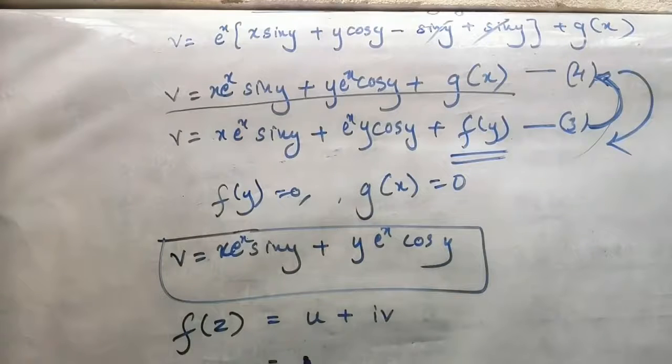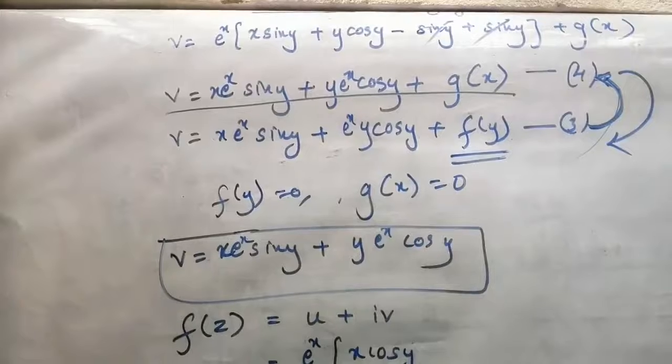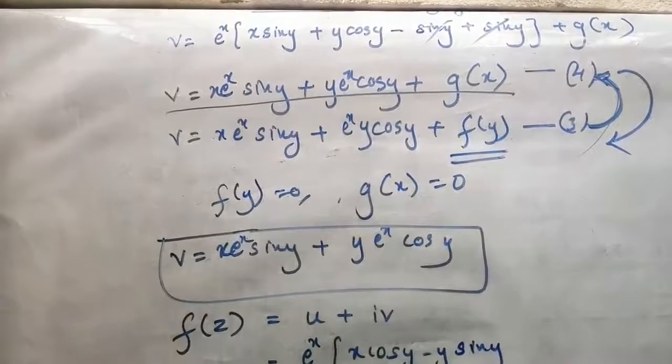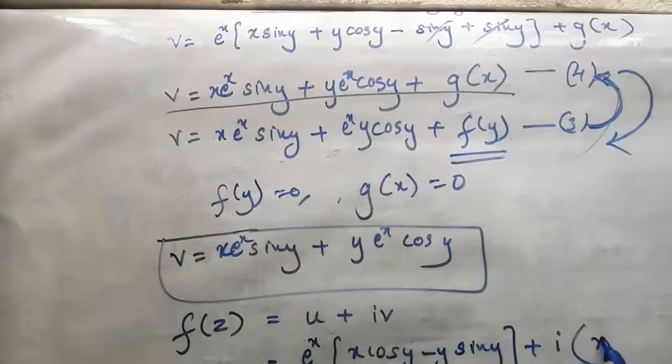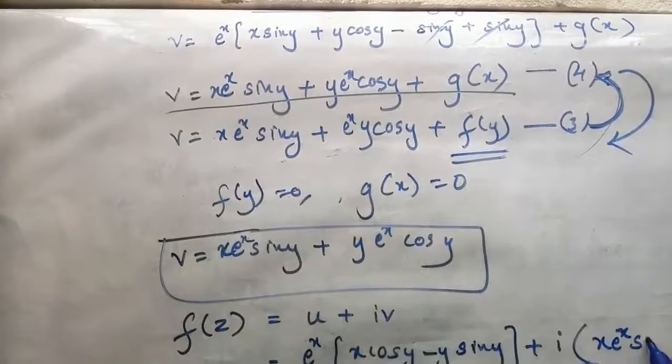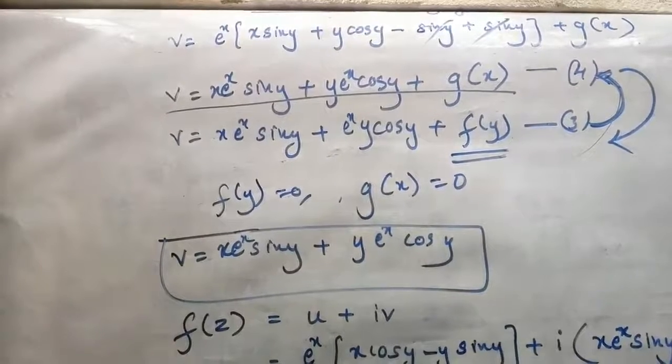U was e to the power x, x cos y minus y sin y, plus the value for v, which is x into e to the power x sin y plus y into e to the power x cos y.